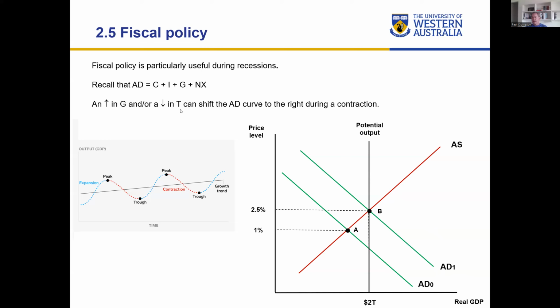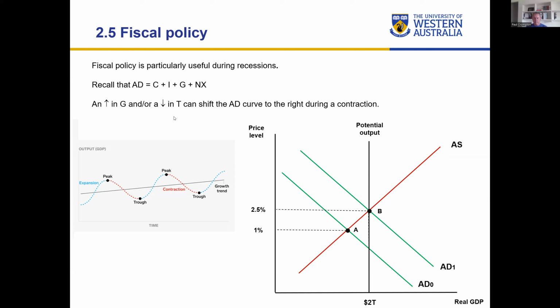Or the government can cut taxes. So I guess the first question is, well, which taxes are they going to cut? Let's just imagine it is the income tax paid by households. So they cut taxes on income. That straight away is going to give people more disposable income.